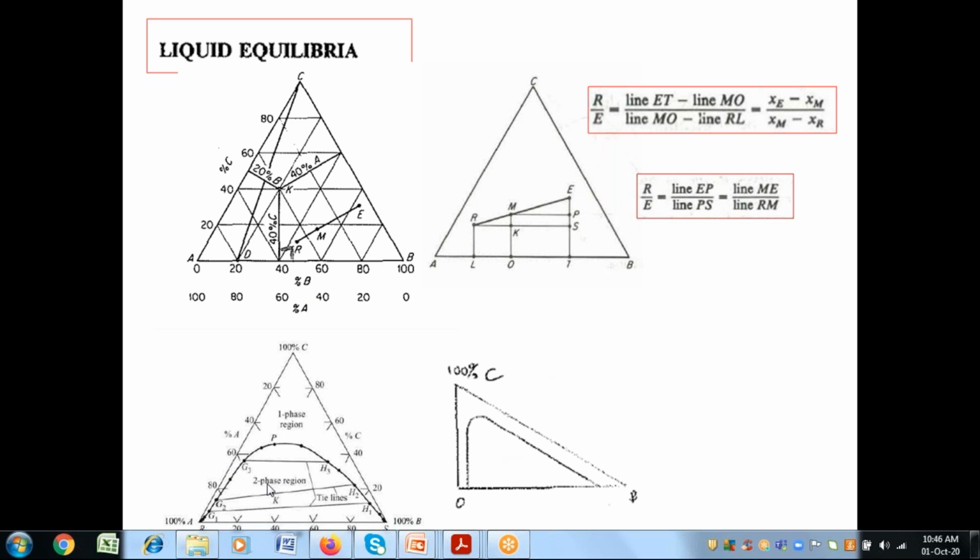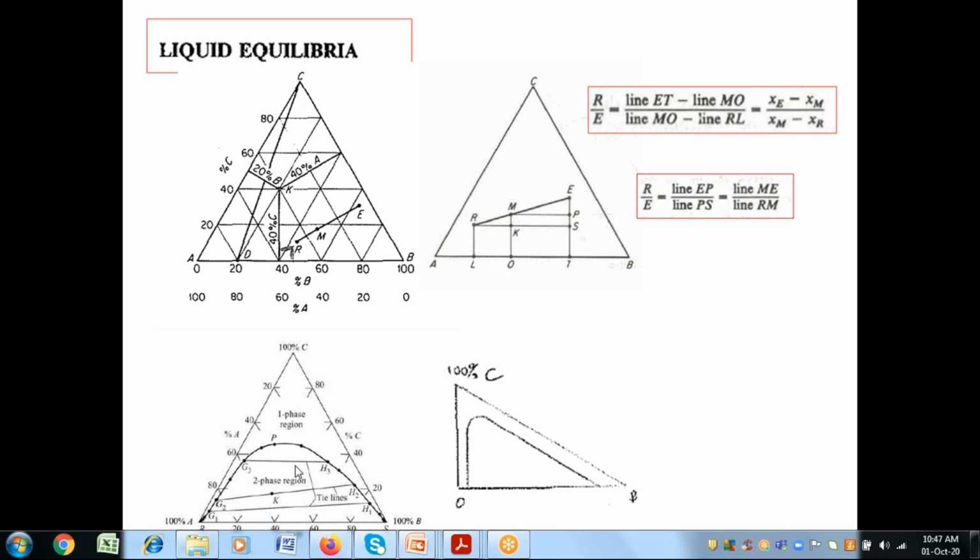Now if you take a particular mixture, initially when you add A and B, then a certain A will be miscible with B and certain B will be miscible with A, or you can say that A is completely pure and B is completely pure.